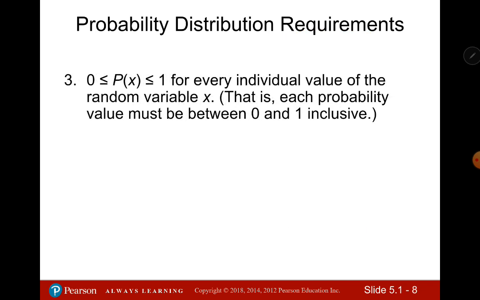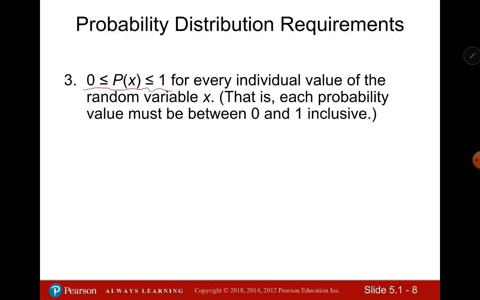The last requirement is that each probability should be a value between 0 and 1. Of course, this is true for all probabilities, right? If it's a probability, it cannot be any number smaller than 0 or any number greater than 1. So this is true for all probabilities, and of course it's true in a probability distribution.